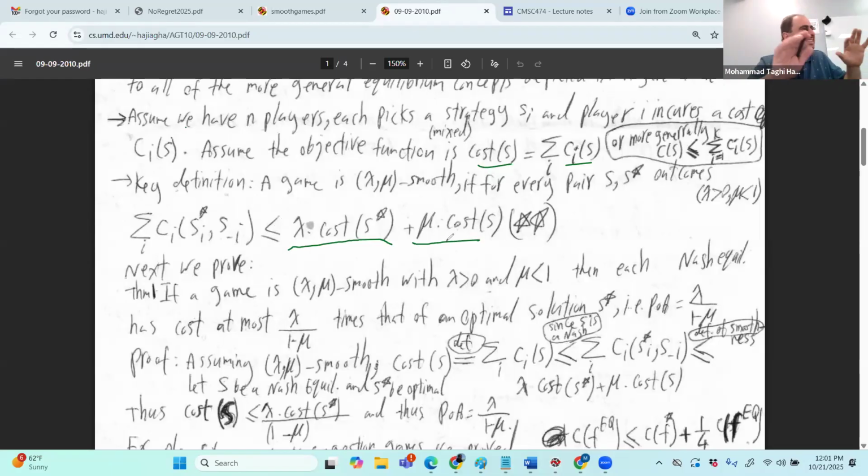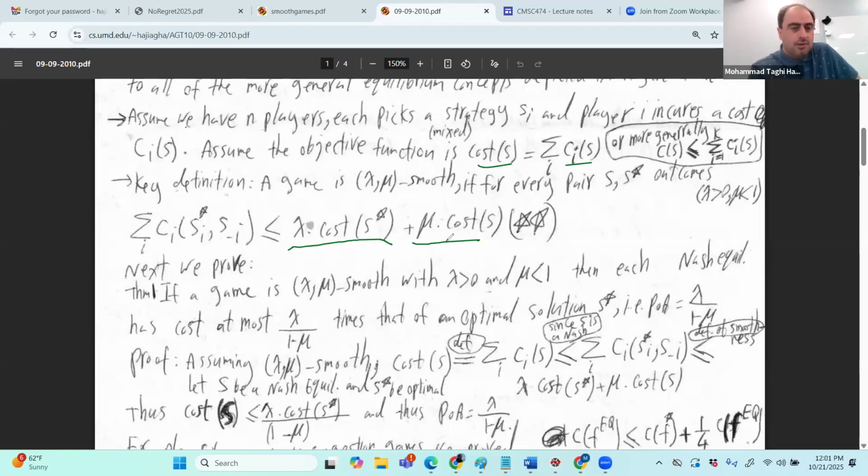In some sense, it is similar to what is called a convex combination. It's not quite a convex combination, but in some sense, if you do that, then I can still bound the cost of these new scenarios in the game. Now let's see why this gives essentially a good bound on the price of anarchy.